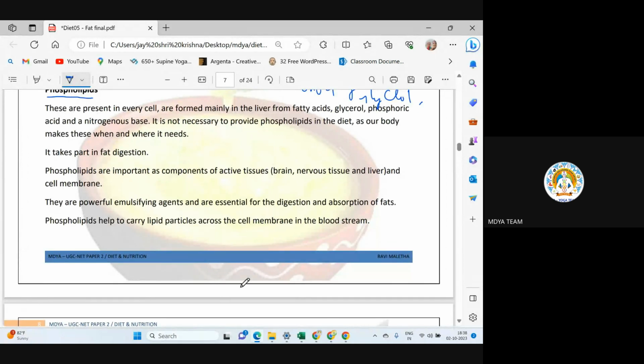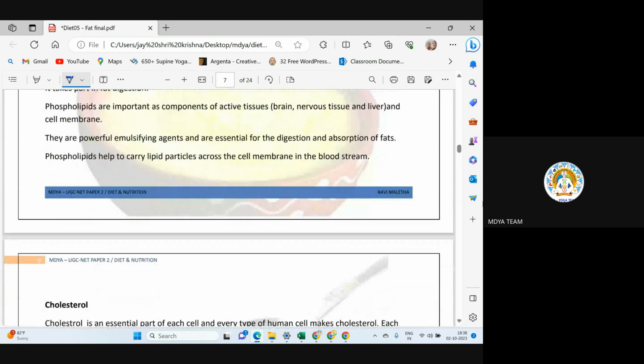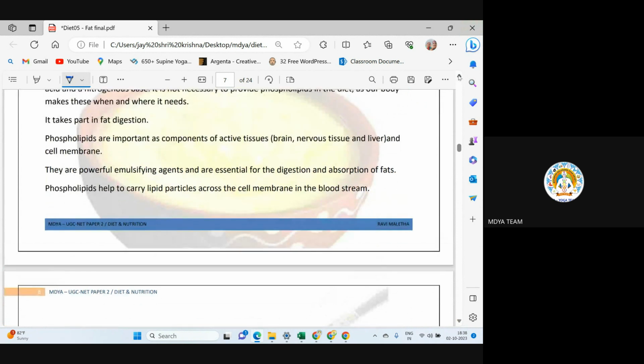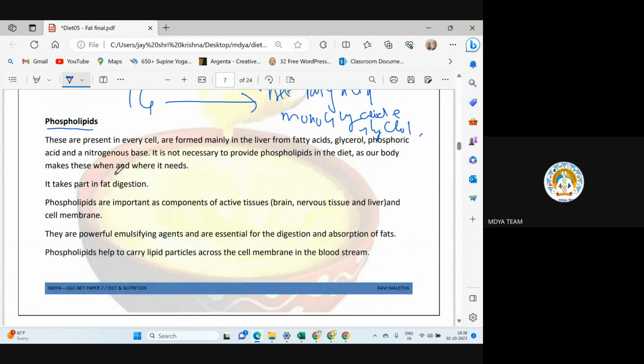In phospholipid, just like triglyceride, the fatty acids are united with glycerol, but here they are also united with phosphorus. The constituents of phospholipid are fatty acid, glycerol, phosphoric acid and nitrogenous bases.